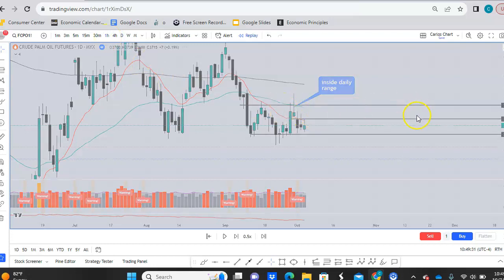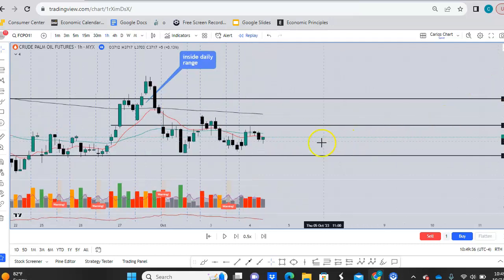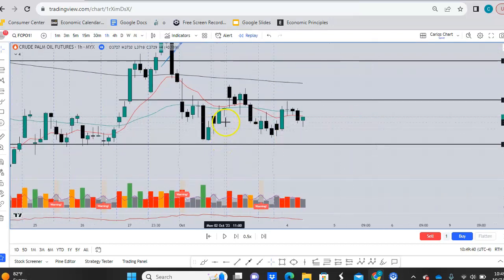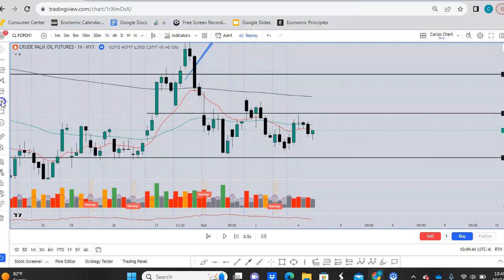Go down to the 1 hour. Now this area here where you had your trade, since we are inside a daily range, I would not consider this a refresh, because we are inside a story and we are inside a range.